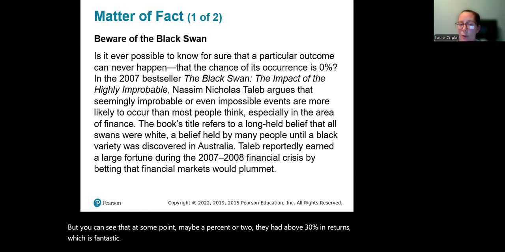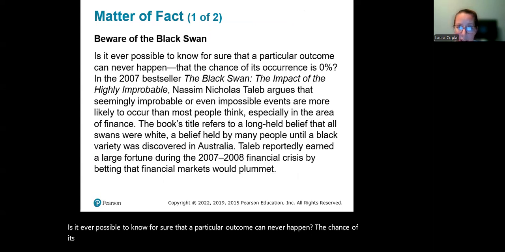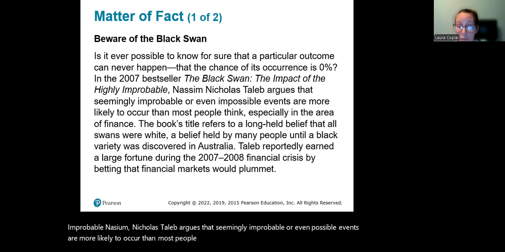Is it ever possible to know for sure that a particular outcome can never happen? The chance of its occurrence basically 0%. In the 2007 bestseller, The Black Swan: The Impact of the Highly Improbable, Nassim Nicholas Taleb argues that seemingly improbable or even impossible events are more likely to occur than most people think, especially in the area of finance.